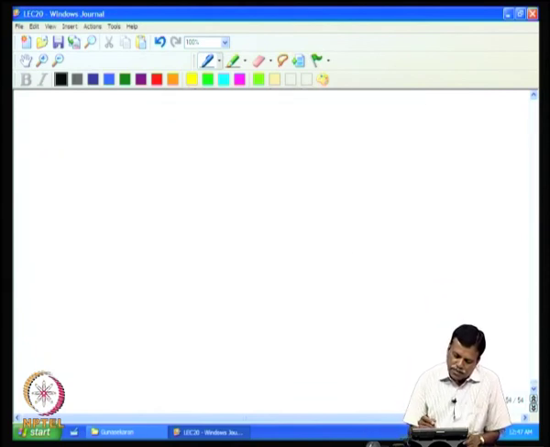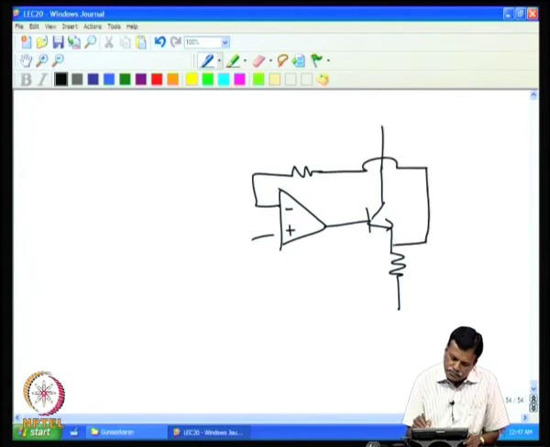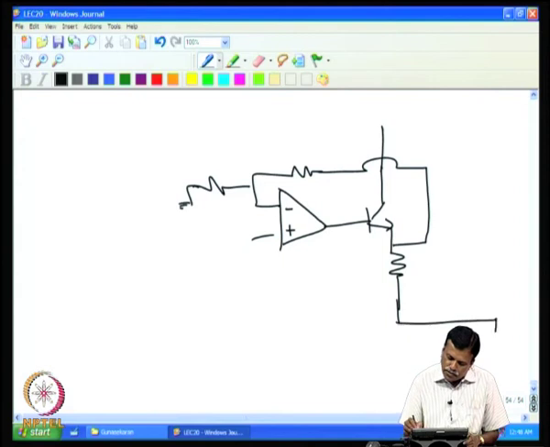Now, we can do the following general circuit, for example, if I have this kind of current transmitter, and this can be supply, and then this can be our load.